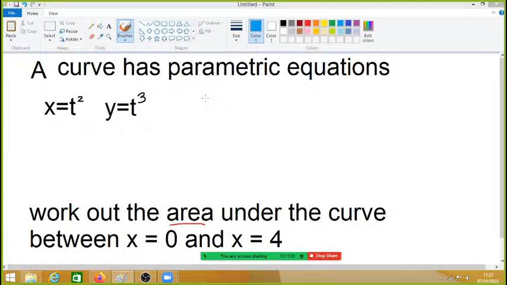Good, excellent. So we don't panic, we just write what we normally write. We know we need to integrate the y equation with respect to x, is how we normally work out areas of graphs on an xy axis. So that's exactly the first step. Well done. Good. At this point, we could even write the limits in. We know that x is 0 and 4.